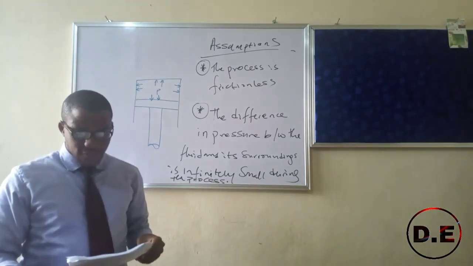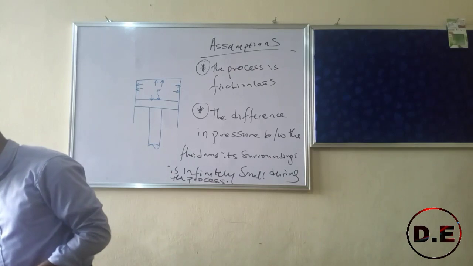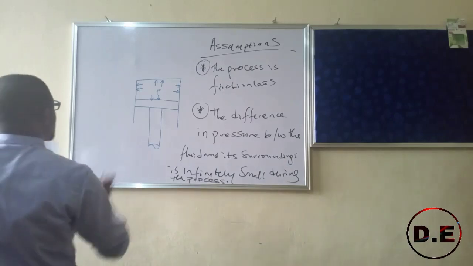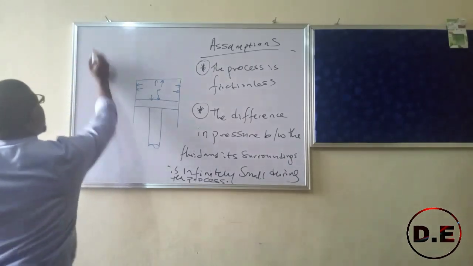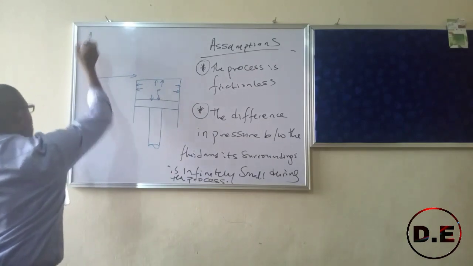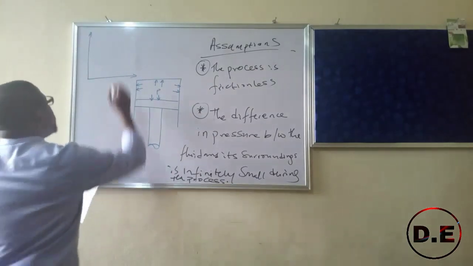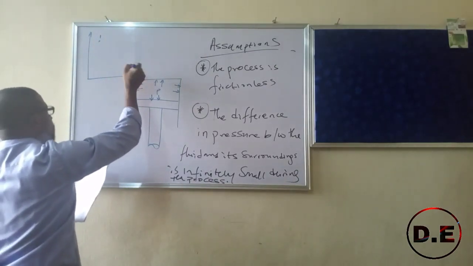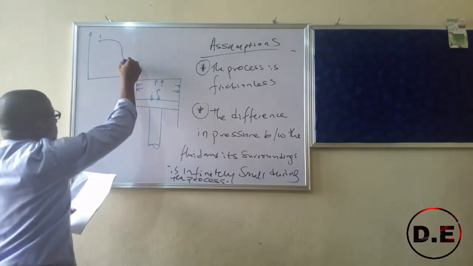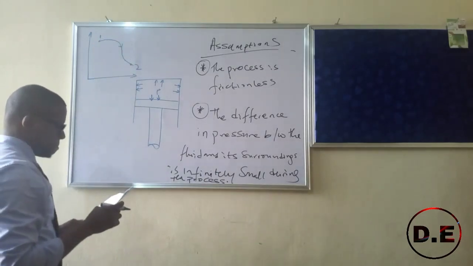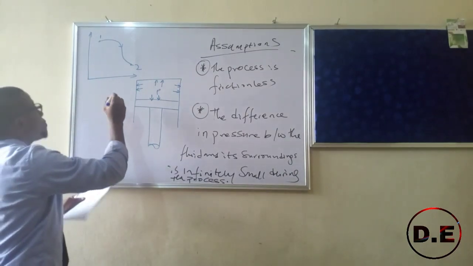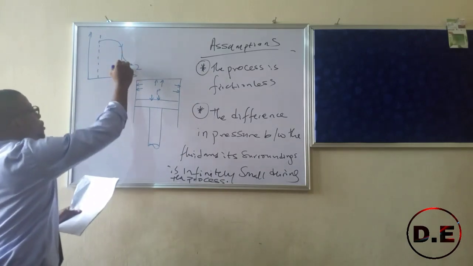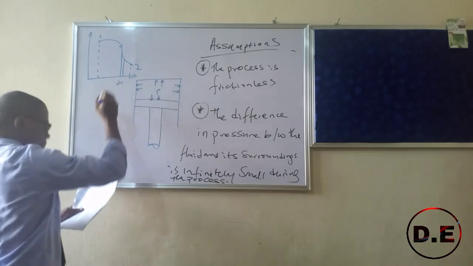If we draw the PV diagram of this process, say we have state point 1 through its various states to point 2, and it follows this path where we take a differential path dV.